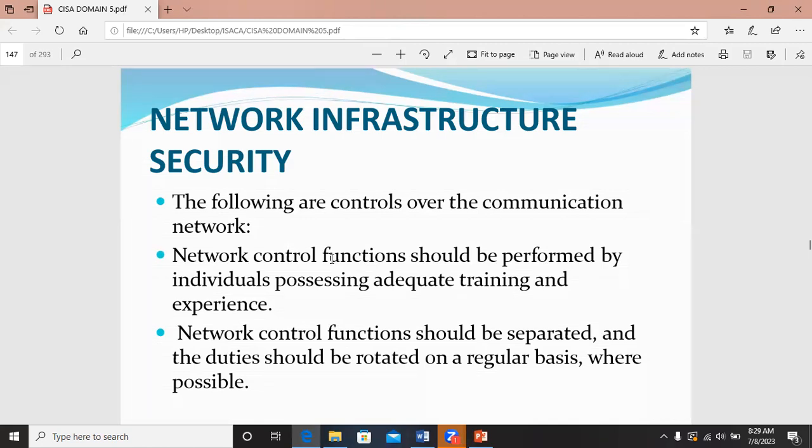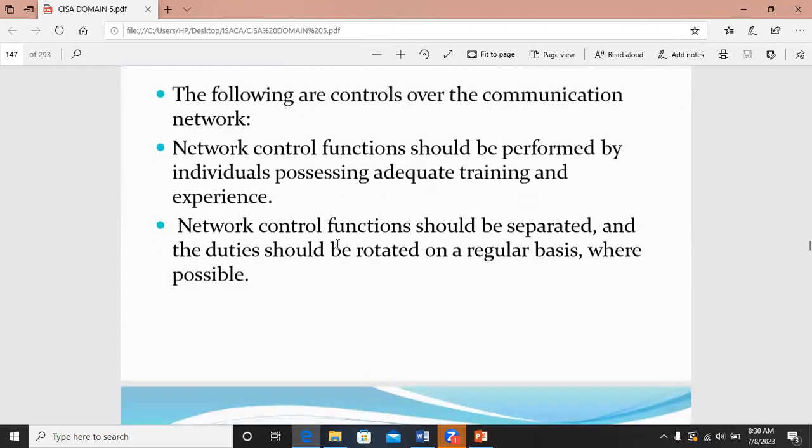They have to be trained and retrained. Network control functions should be separated and the duty should be rotated. So as much as possible, don't give one staff the entire control over the network. If the resources are there, separate the roles as much as possible.